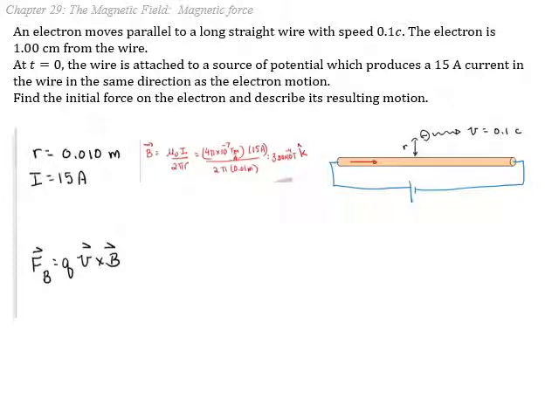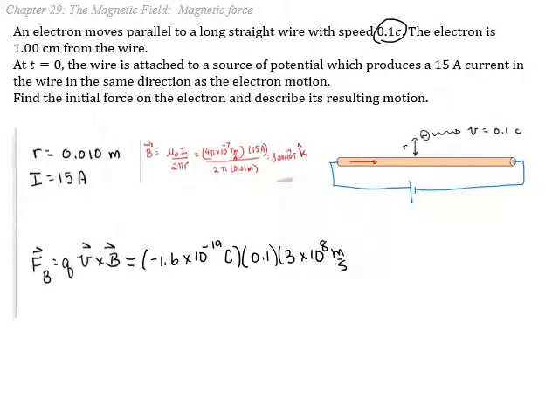Let's put everything we know now into our equation for magnetic force. So we've got our charge, which is minus the fundamental charge, minus 1.6 times 10 to the minus 19 coulombs, times our velocity. Our velocity is 0.1 c, so that's 0.1 times 3 times 10 to the 8 meters per second.